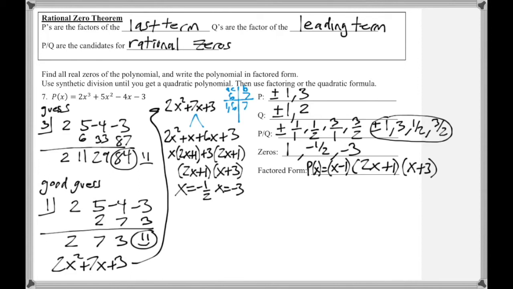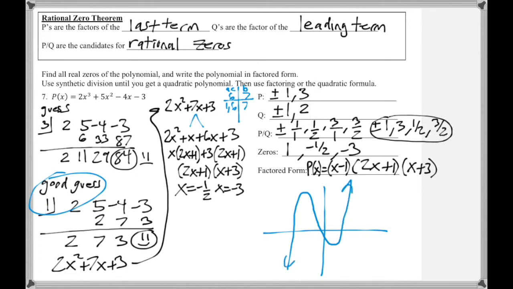Okay, so let me back up and then talk about how I made this good guess of 1 here. I kind of half cheated and I graphed the polynomial. And the graph looks like this. And you'll remember from the previous questions that your zeros, your solutions, these are the same thing as your x-intercepts. So if you use the zero command on the calculator, then you can actually calculate where these cross.